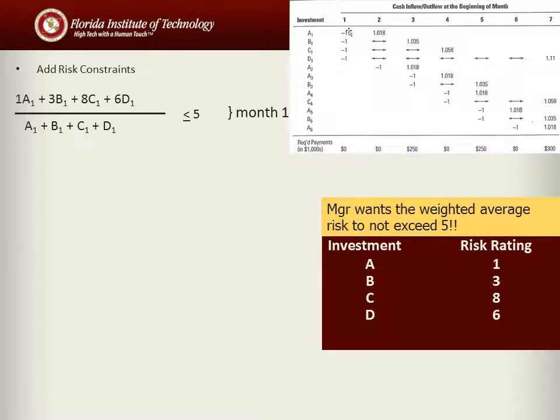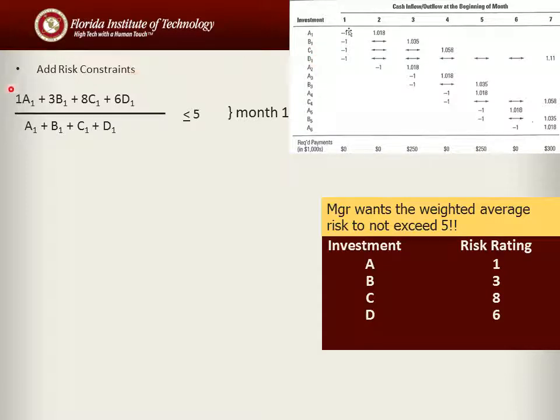Okay, so knowing that, for month number 1, what we want to have is a weighted average that is less than or equal to 5. Okay, so what are the risk opportunities in here? Well, we have an opportunity in month number 1 to invest in these 4 possible options. Okay, so A1, B1, C1, and D1.